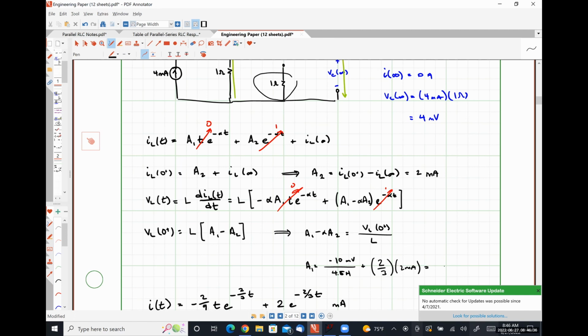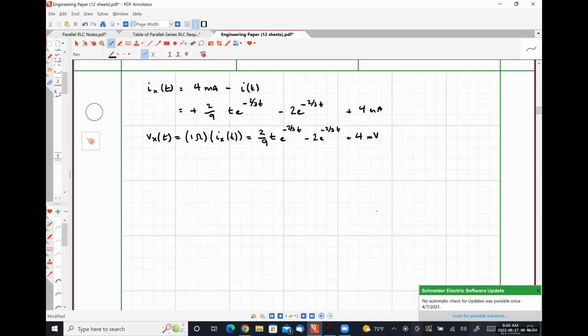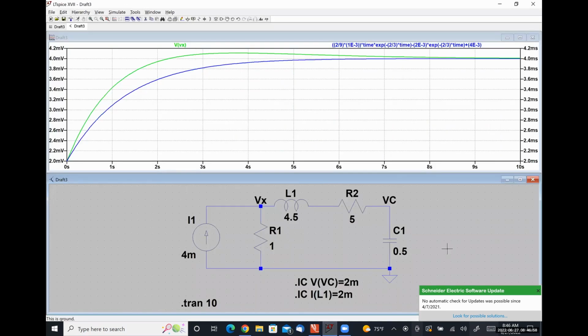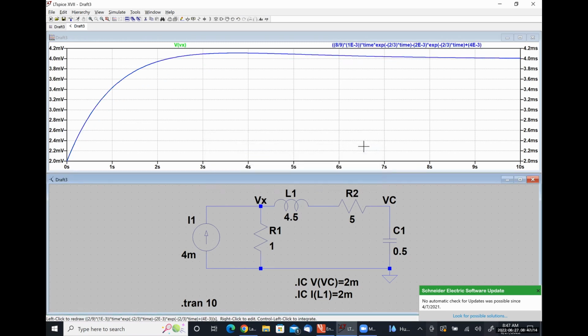All right, so this should be -8/9 of a milliamp per second, which is going to change this to 8, this to 8, and this to 8. And now they match. Wonderful.